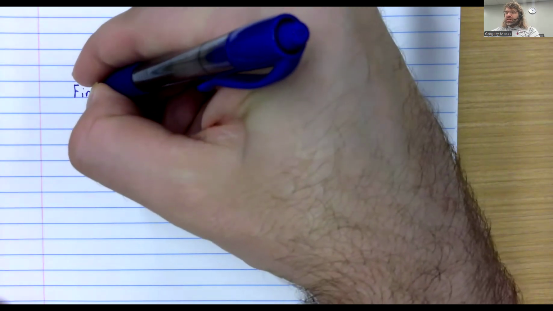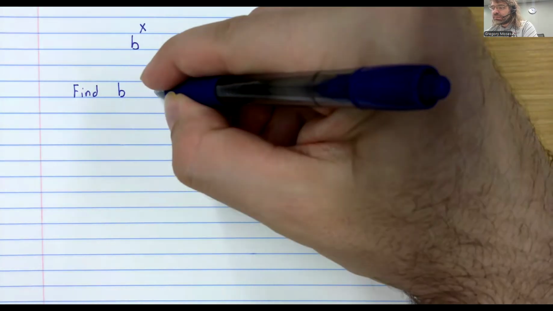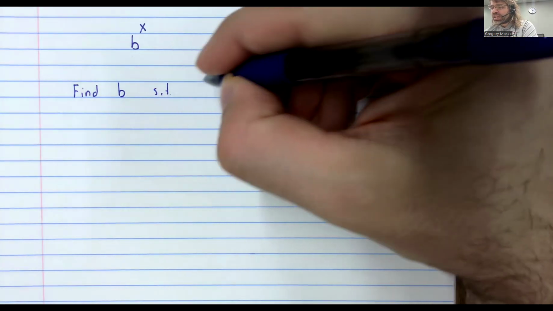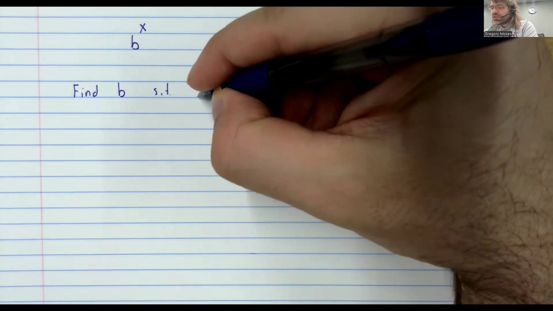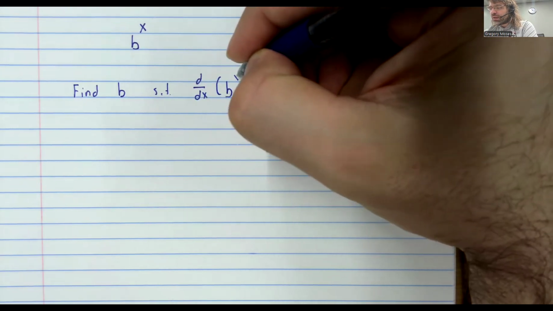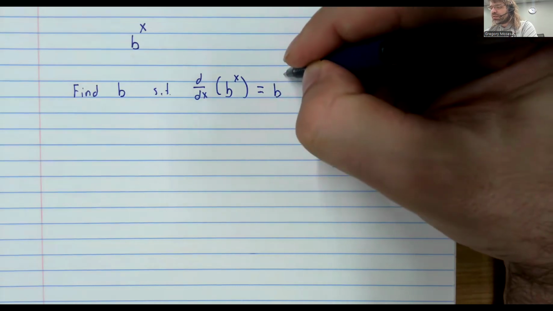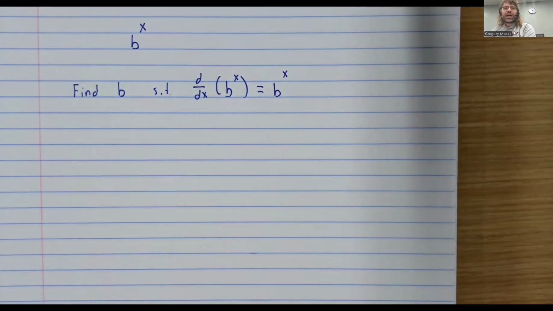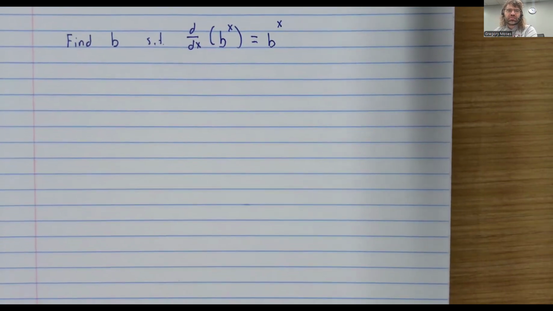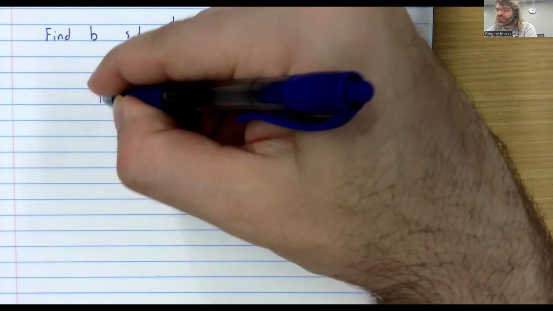So let's see if we can find a b such that the derivative of b to the power of x equals b to the power of x. And I'm going to go back to the limit here.